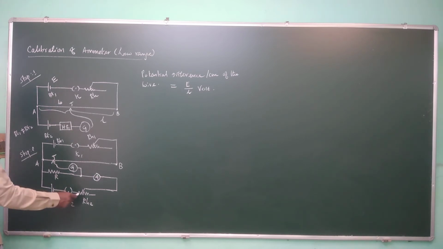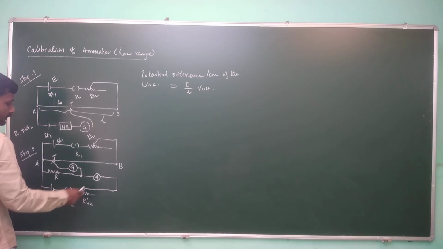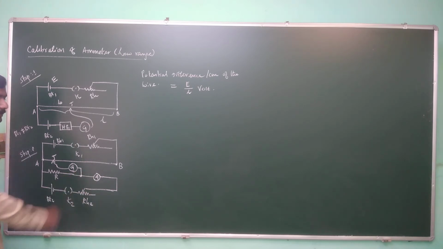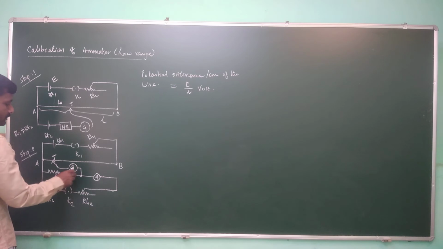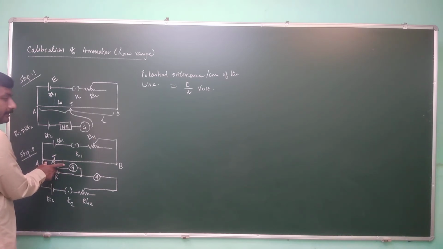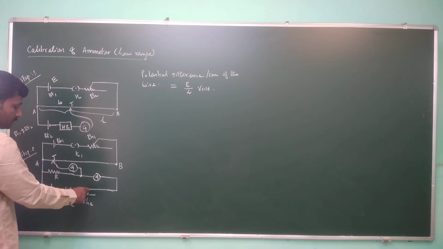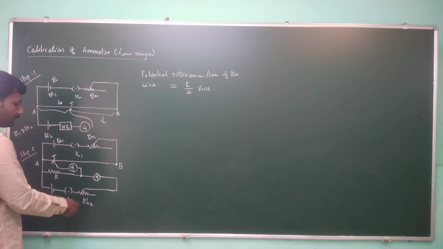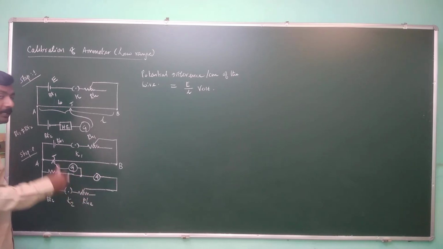Now what we have to do is, if you are changing the rheostat value, this ammeter value will change. If this ammeter value changes, then the deflection in the galvanometer will also change. Now we can move this jockey in order to create a balancing length, and we can note down that length. Then again you can make a change in this rheostat, and this ammeter will give another value, right?